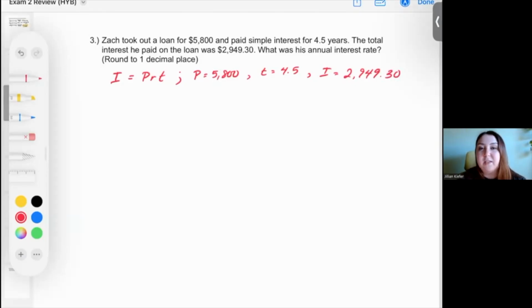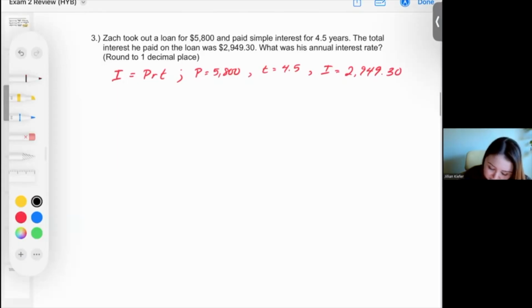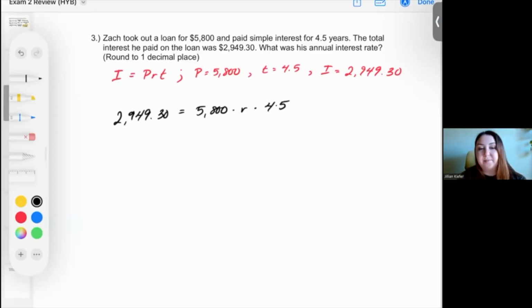So we're going to plug all of these things into our formula. Starting with our interest, which was $2,949.30, it is equal to our principal, $5,800, times our rate, which we don't know, times the time, which was 4.5.